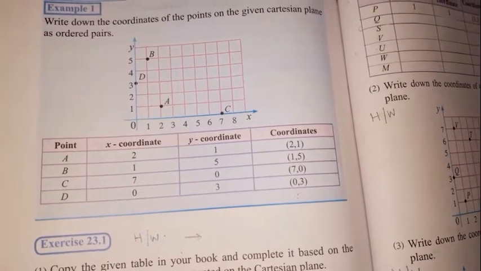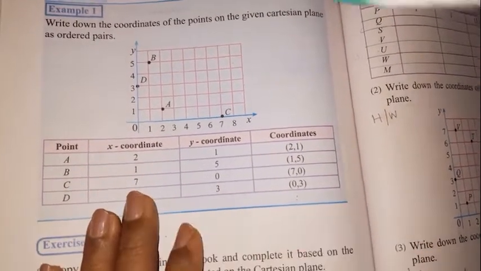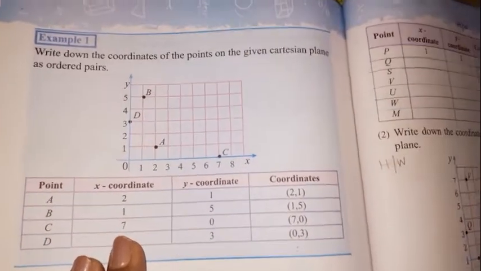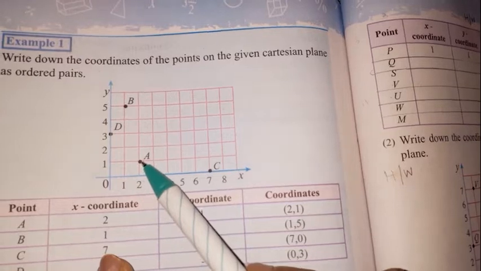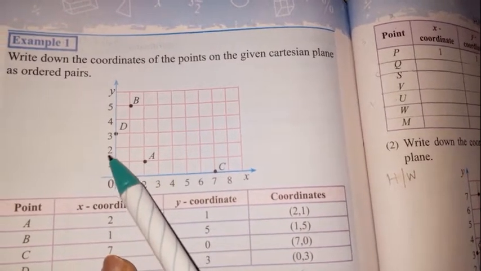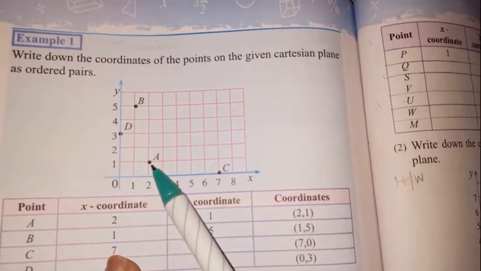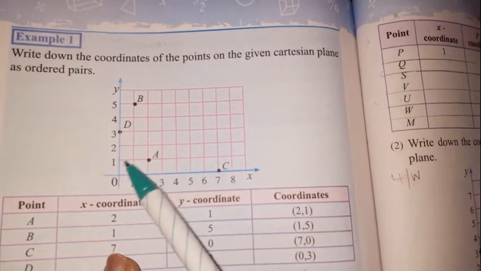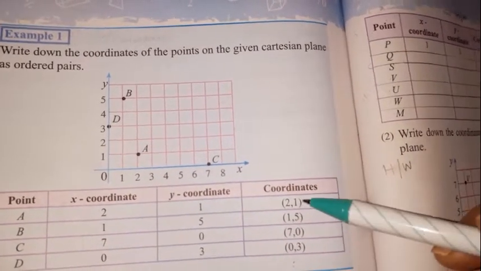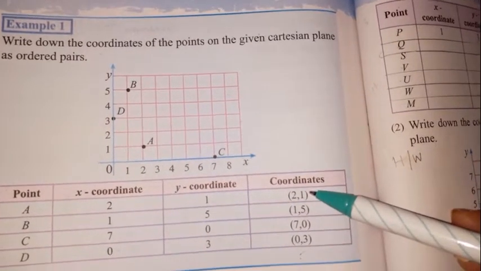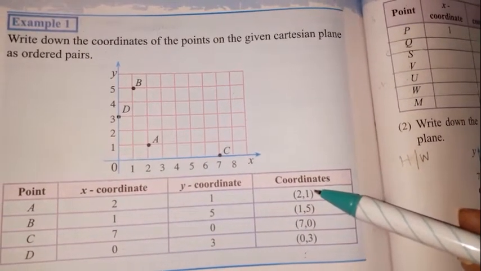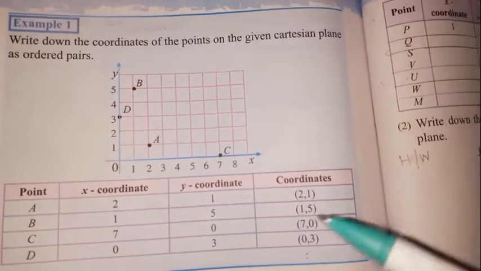Point A. Here the point A has x coordinate 2, y coordinate 1. Here you can see 2 and 1. How do you write this? Within brackets, 2 is the x coordinate, 1 is the y coordinate, then you close the bracket.